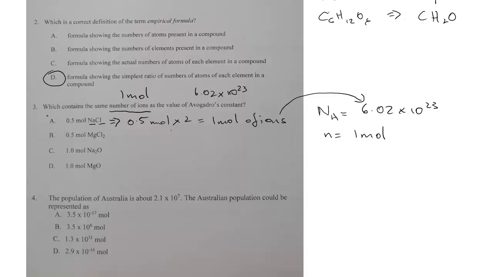So the answer will be A, but we'll have a look at why it's not B. So B, we have 0.5 mole, but in this situation we have 3 ions because there are 2 chloride. So we times it by 3, which is 1.5 mole, which is not what we're looking for.